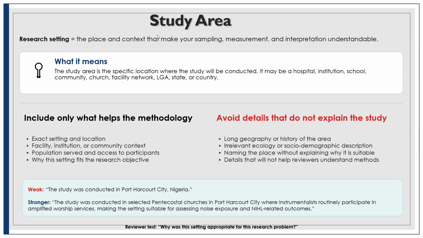Oftentimes you also have to appreciate the fact that most of these reviewers are not in your setting. Imagine someone in the US reviewing the work you did in Port Harcourt. So you have to provide enough context for them to appreciate why you're choosing that setting and why that setting will help you address your research problem.